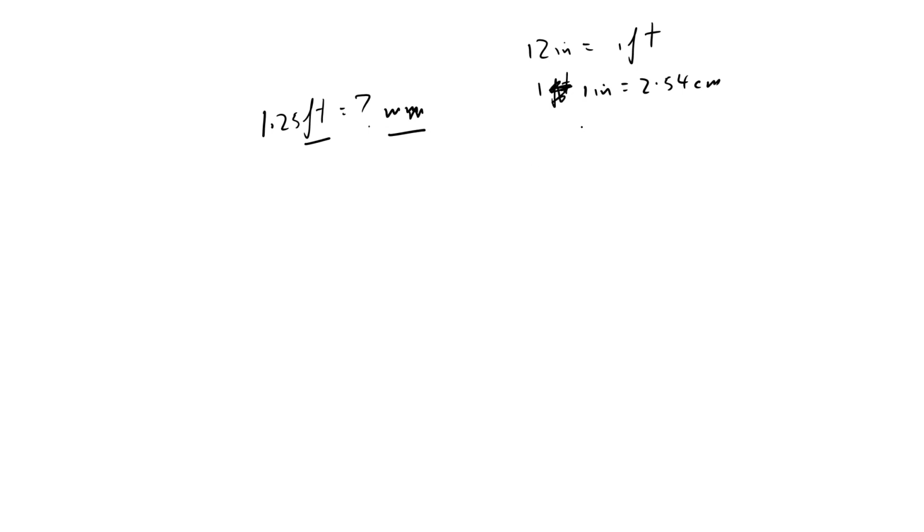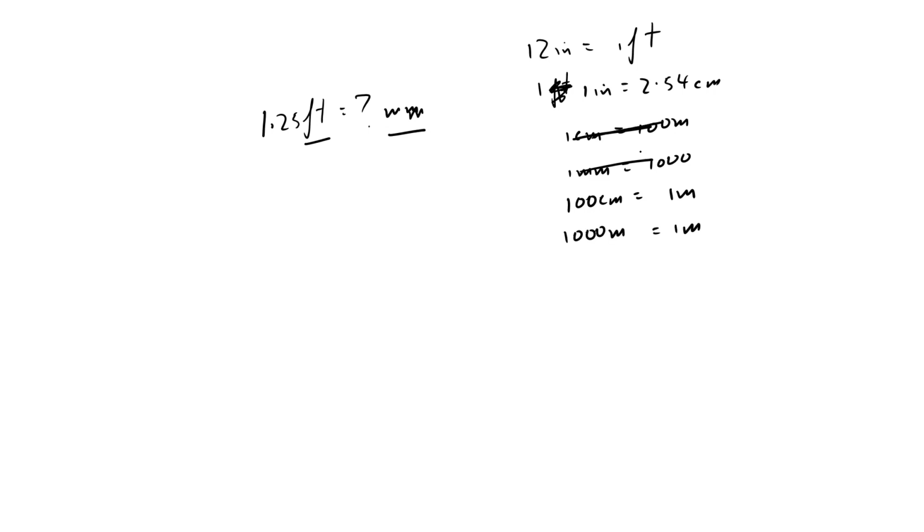And then we can say that 1 centimeter is equal to 100 meters. And then finally, we can say that 1 millimeter is equal to 1,000, I'm sorry, these two are incorrect. It's 100 centimeters is equal to 1 meter, and 1,000 millimeters is equal to 1 meter, all right?